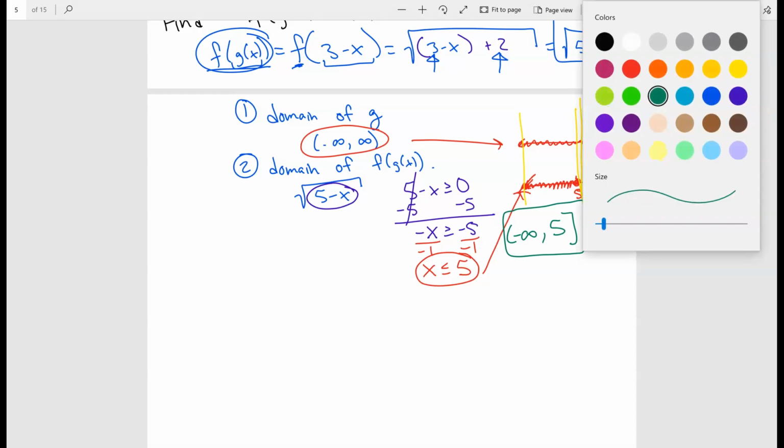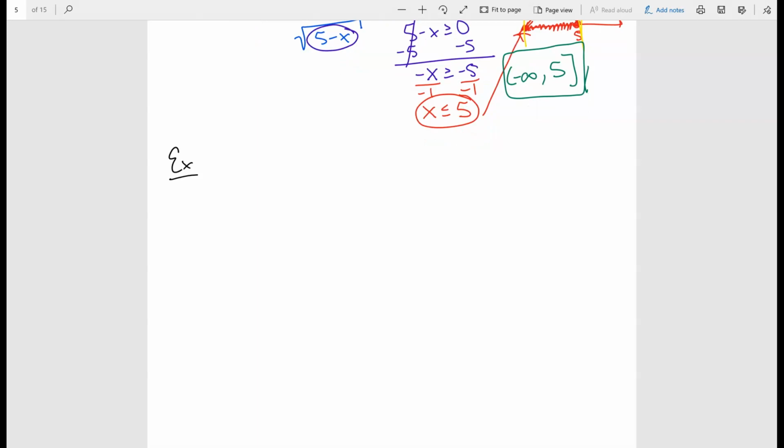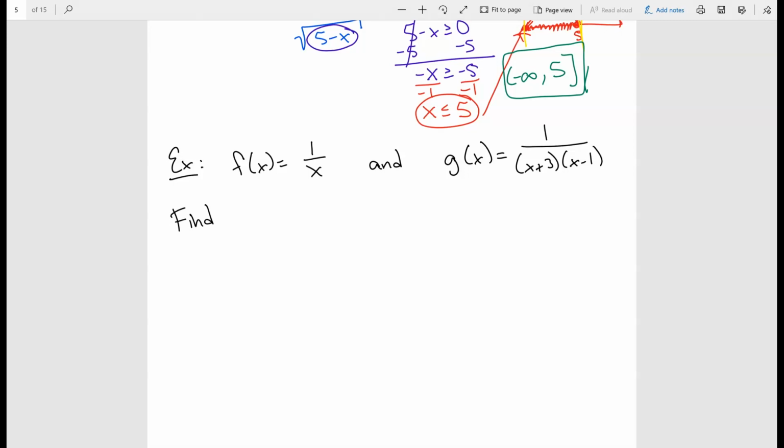Okay, so now let's do another problem. Let's say I give you f of x equals 1 over x, and g of x equals 1 over x plus 3, x minus 1. What I want you to find is g of f of x and find the domain.